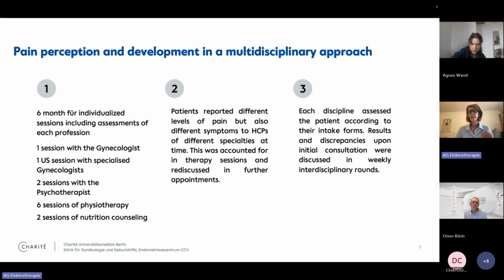The patients reported different levels of pain, but also different symptoms, to healthcare practitioners of different specialties at times. This was accounted for in therapy sessions, and we discussed it in further appointments.